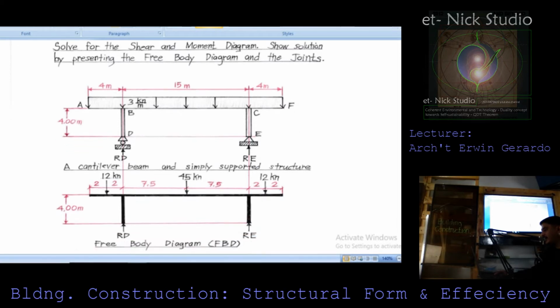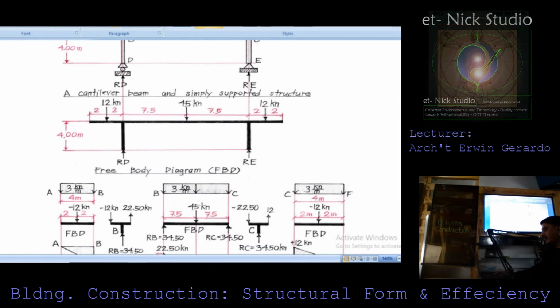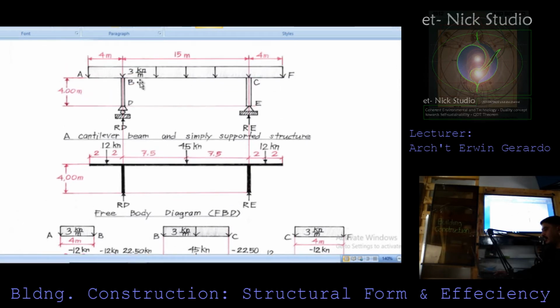So here we made use of a free body diagram to compute the loading. Take note that this is 3 kilonewton times 4. That is why we were able to obtain 12 kilonewton, which is found at the center of the beam, which is actually divided into 2 parts, meaning there are 2 meters on each side of its span.